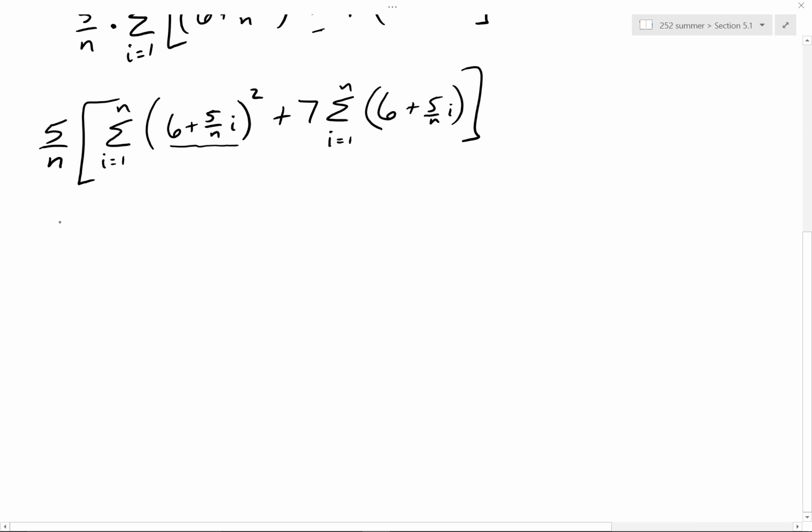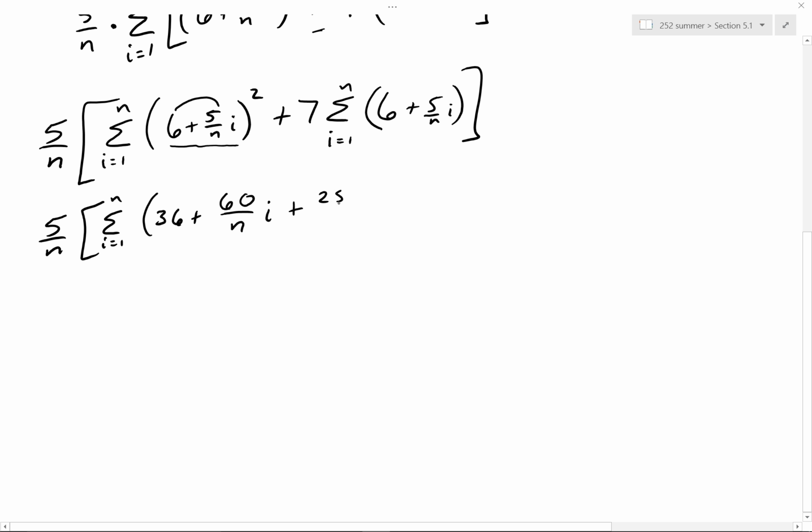Good eye. So that's going to be 5 over n, sum i goes from 1 to n. That's going to be 36 plus this times this is 30 over n, and there's 2 of them, so that's going to be 60 over n i. And then what else are we going to get?